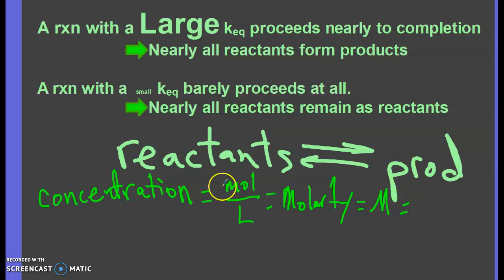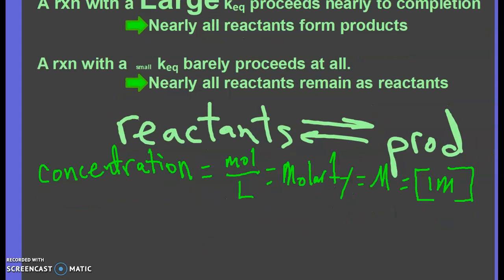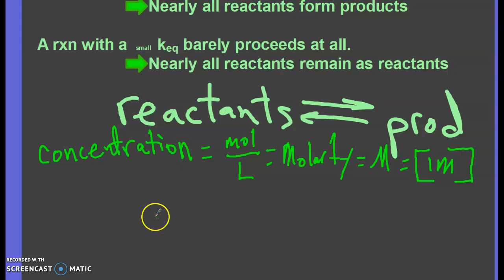What we're going to look at is concentration in a mathematical equation. We're going to look at how much of something there is in brackets, so you could say, of my reactants, there's 1 molar, the concentration of it. And we're going to put this into a mathematical equation where we say every reaction has some constant.